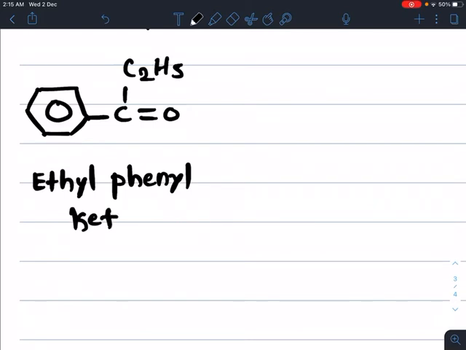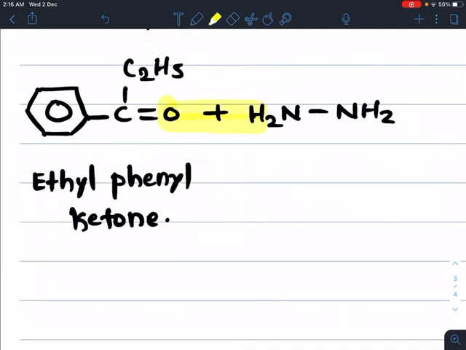When ethyl phenyl ketone undergo Wolff-Kishner reduction, means it is treated with hydrazine. In the first step, it reacts with hydrazine. Formula of hydrazine is NH2NH2. Here removal of H2O takes place and the addition takes place.